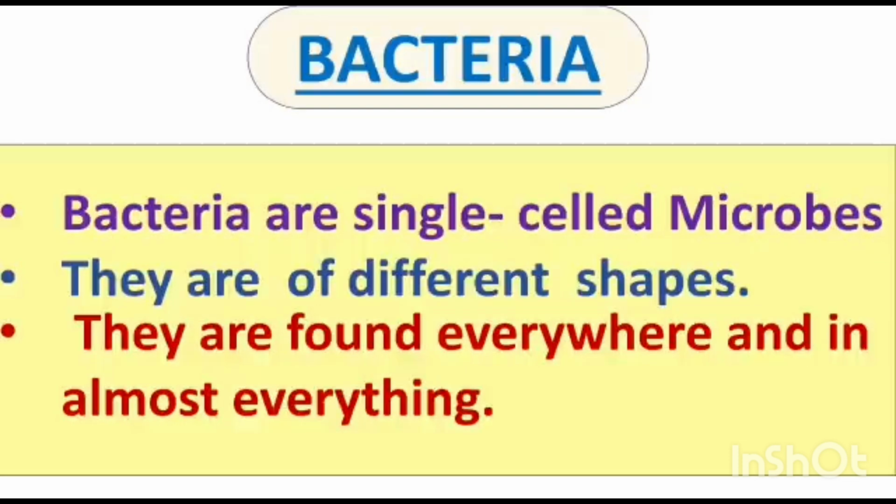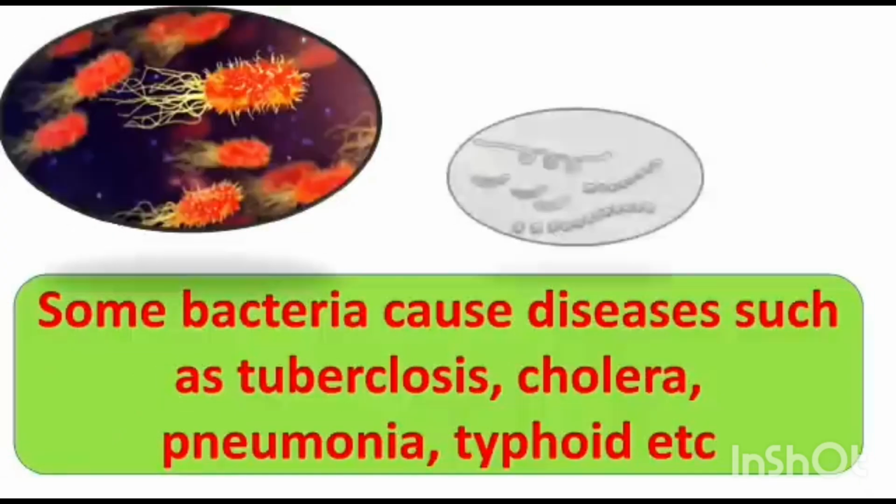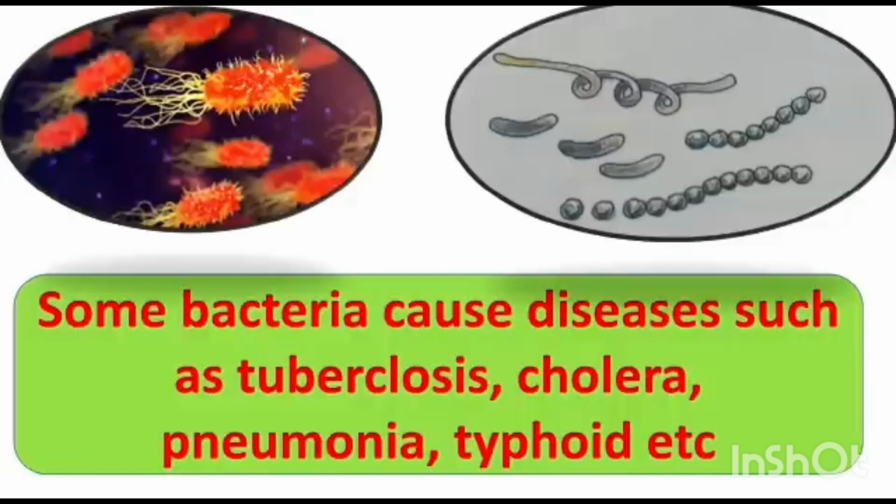It means bacteria are found in every habitat on earth. They are in soil, rocks, ocean, even in plants and animals, and also in human beings. Some bacteria cause diseases such as tuberculosis, cholera, pneumonia and typhoid, etc. Bacteria come in a number of shapes like sphere, rod and spiral.